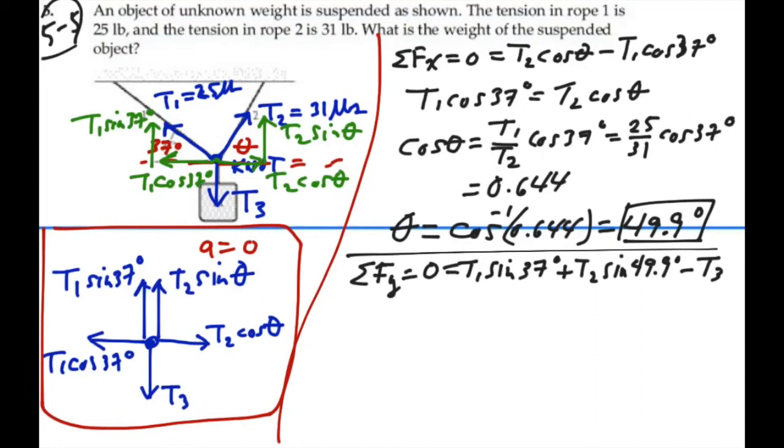So in other words, tension 3 is equal to tension 1, 25 pounds, sine 37 degrees, plus tension 2, 31 pounds, sine 49.9 degrees. So this will give us tension 3 in pounds. Let's see. That is 38.76 pounds.